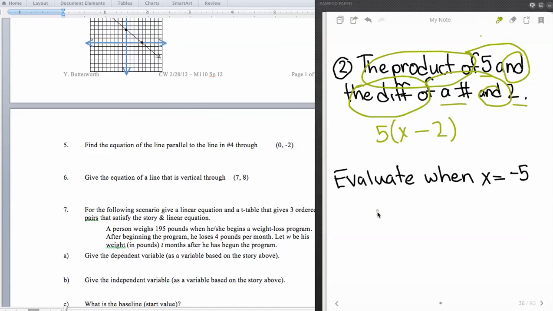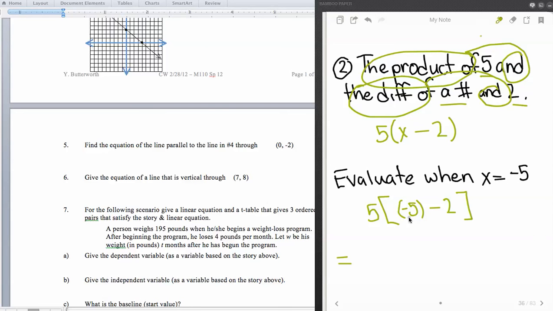Now the second half of this problem was to evaluate it. So this says 5, and then I'm going to use brackets and then parentheses for my value, and I'm going to put negative 5 in that value, minus 2, and then I'm going to end my parentheses.